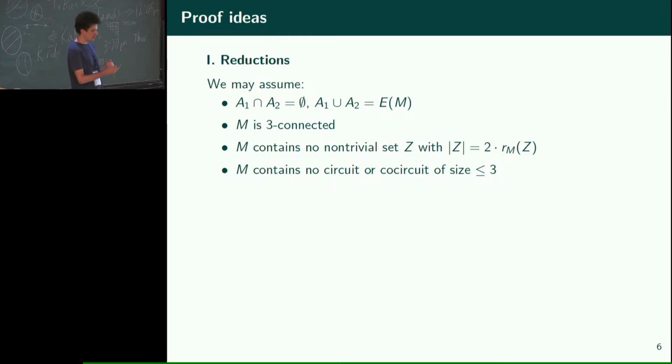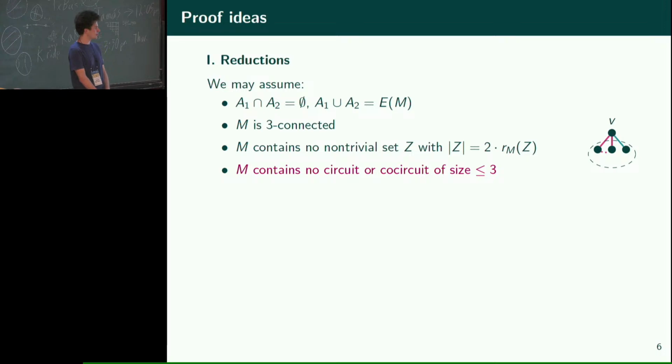And here the most important reduction that we found is that we can assume that the matrix doesn't contain a circuit or co-circuit of size at most 3. If we have a co-circuit of size 2 or 3, then the same proof that worked for graphic matrices by removing these vertices works in this case.